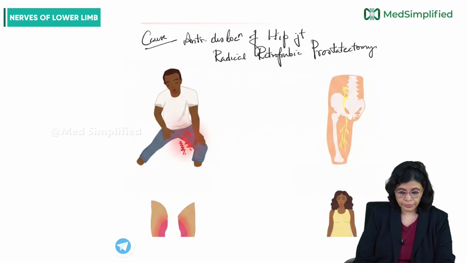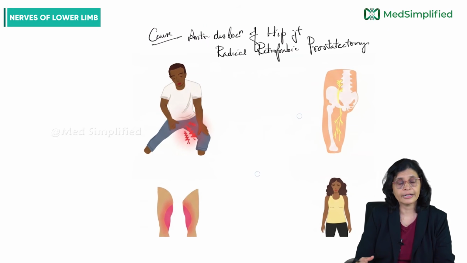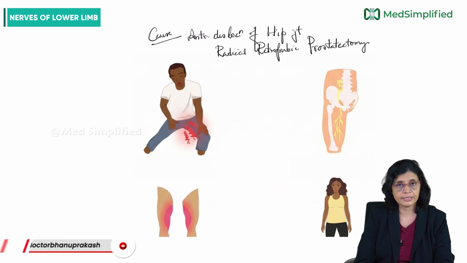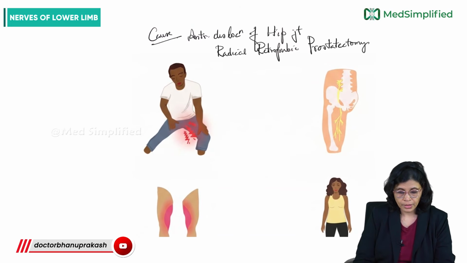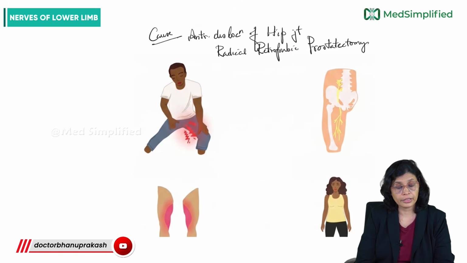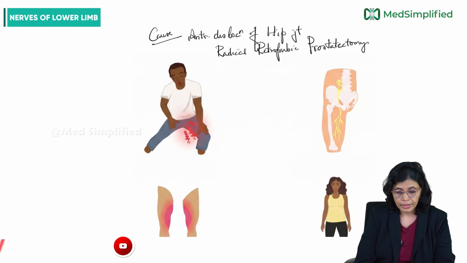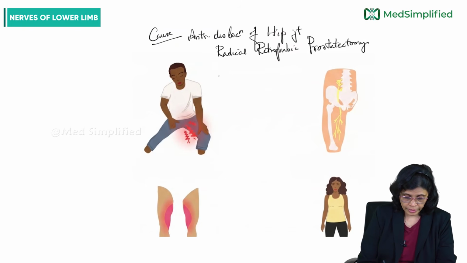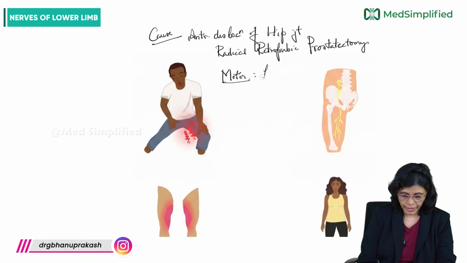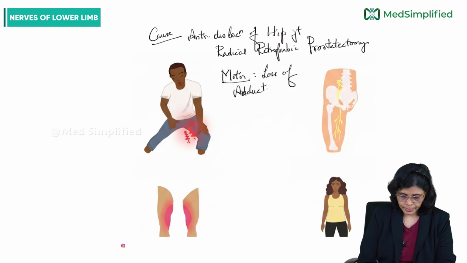So what will happen? Now we know it supplies all the adductor muscles, right? Cutaneous, it gives a supply to the lower part of the medial aspect of the thigh. It also supplies the skin there. So the motor loss will be mainly loss of adduction of the thigh.